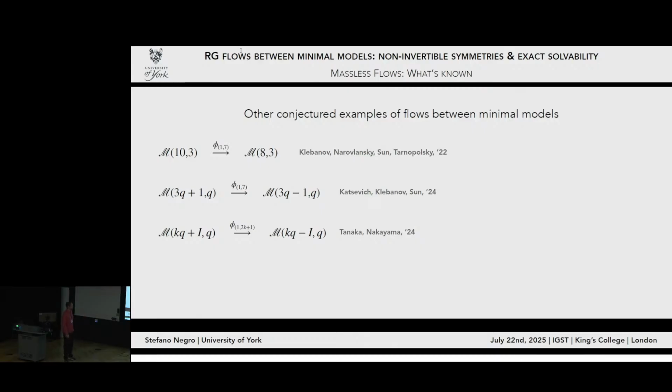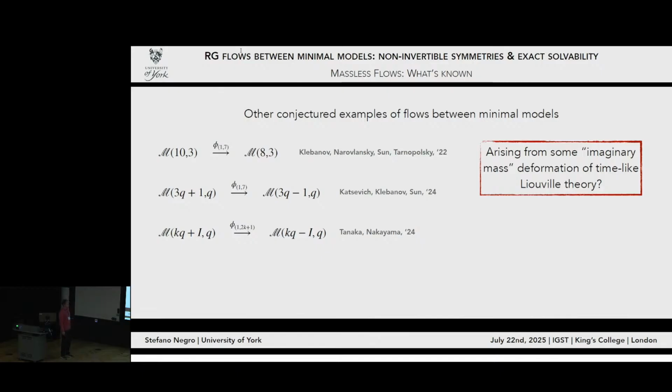There are some technicalities here that I'm not going to go into. So there seems to be a whole host of massless flows. But all of these flows are conjectured. There is no explicit proof of their existence. There are strong conjectures, but they're still conjectures.